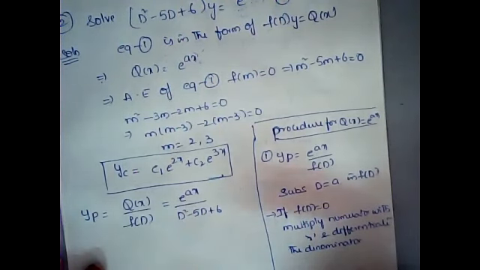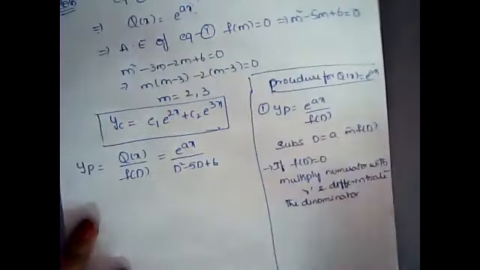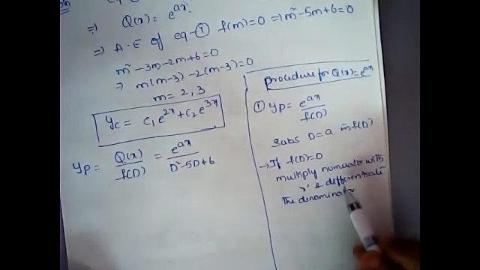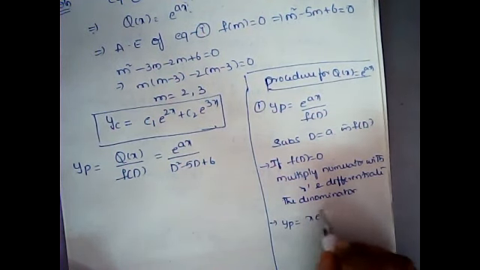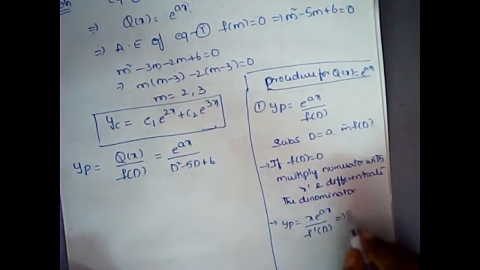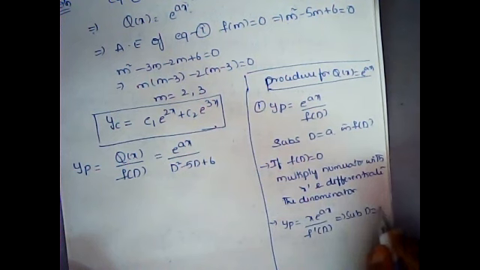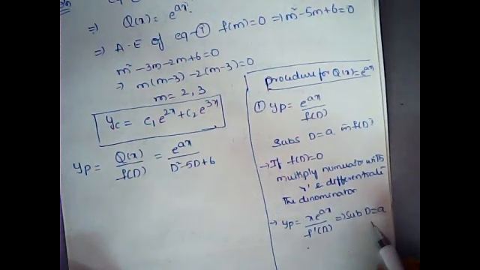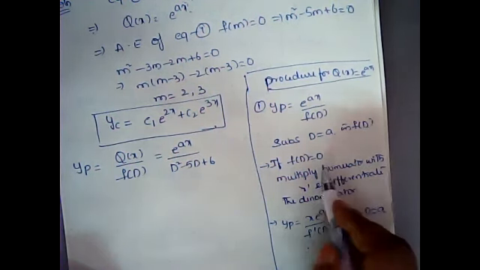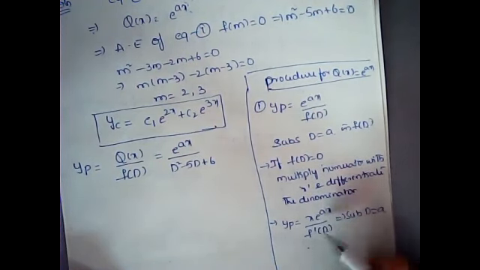After multiplying the numerator with x and differentiating the denominator, it will be in the form of yp equals x e power ax by f dash of D. Again substitute D equals a to get the solution. Suppose f dash of D is also equal to 0, then again we need to continue the same process until we get the required solution.